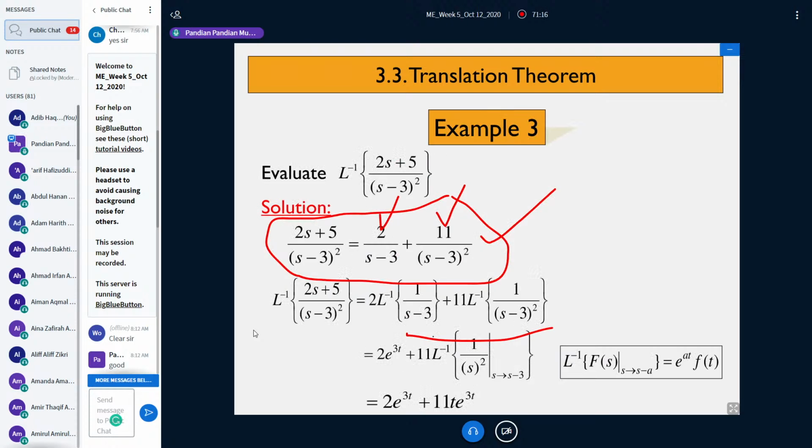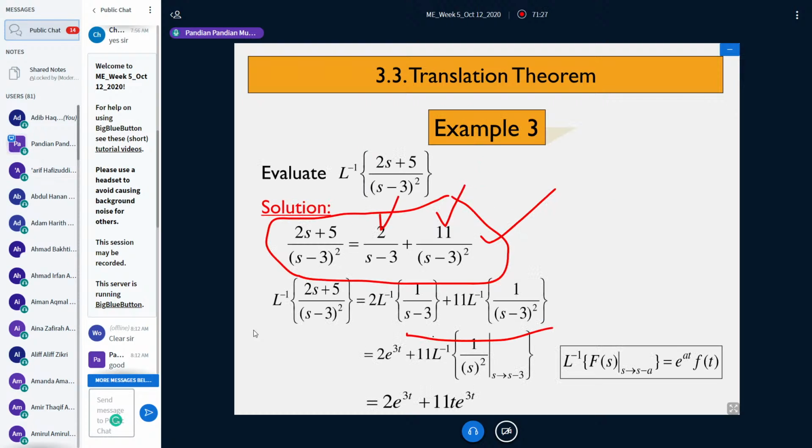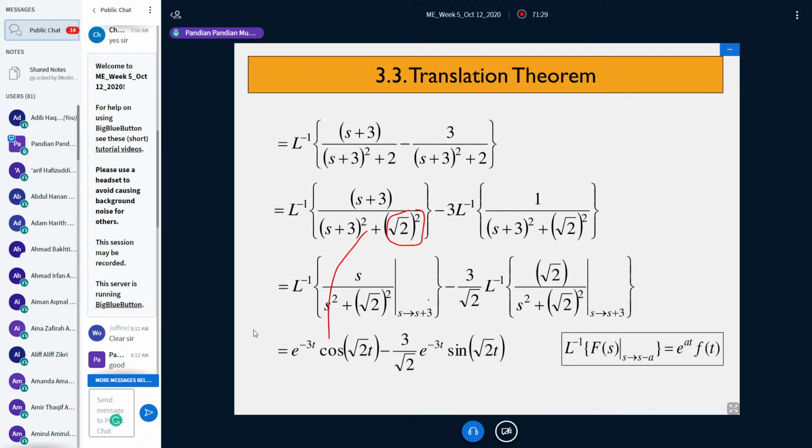So you go back here, you check this formula. Because here you have S plus 3. So e to the minus 3t cosine, but this must be root 2 t, not 2t.